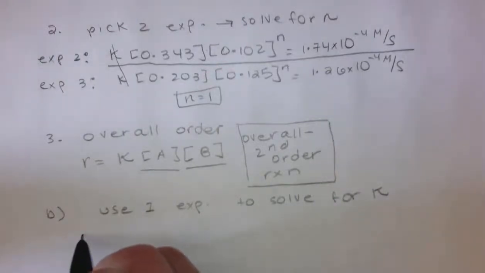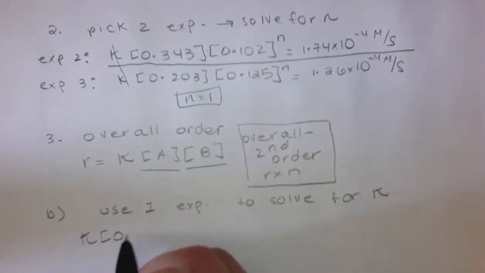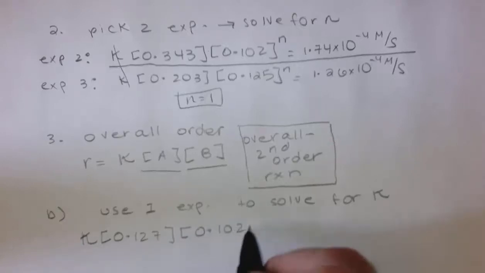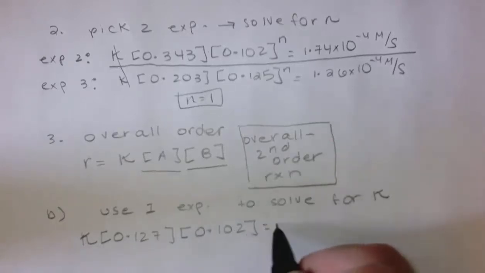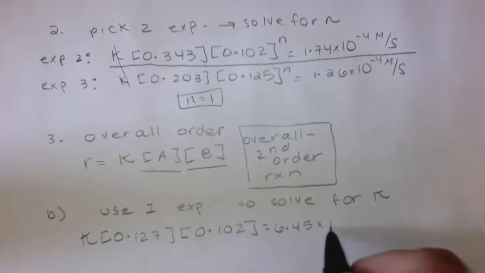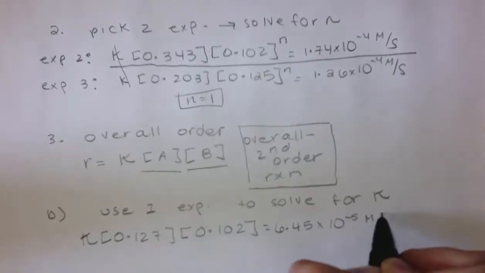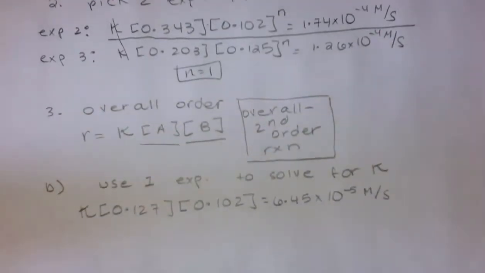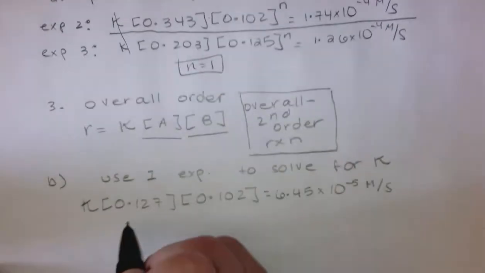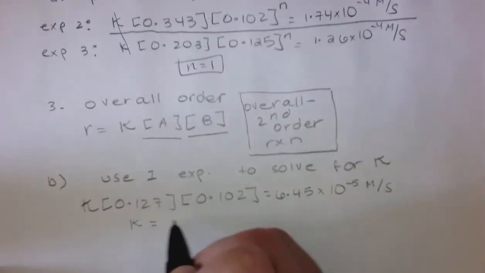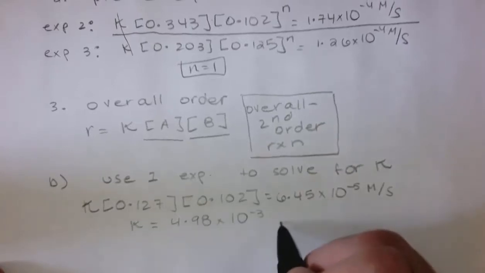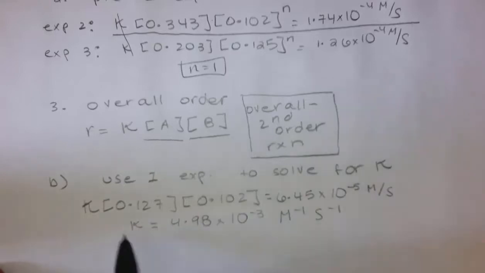So I'll just pick experiment 1, and I know that my rate is K times the concentration of A times the concentration of B, and this equals our rate. And so if you solve for K using this expression, I end up getting that K equals 4.98 times 10 to the negative 3 inverse molar times inverse seconds.